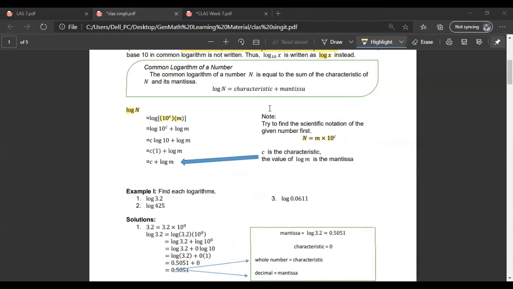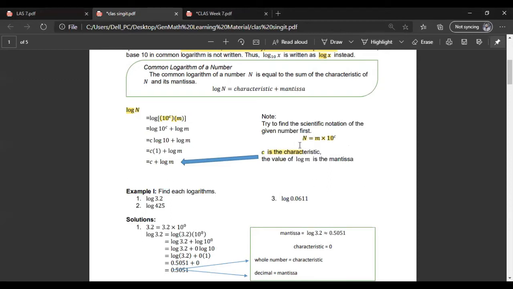First of all, is to write the number as the scientific notation. So, kunwari, ang scientific notation nung n is n equal to m times 10 raised to c.